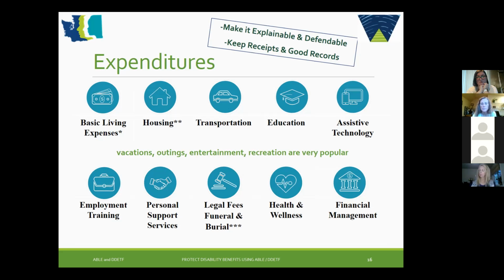But with ABLE, we have 60, 90 days after we're notified that the person has passed to close out the account, and you can still use the ABLE account to pay off any outstanding expenses that were in the works, which can include funeral, burial, and all those other end-of-life activities and expenses that may occur.